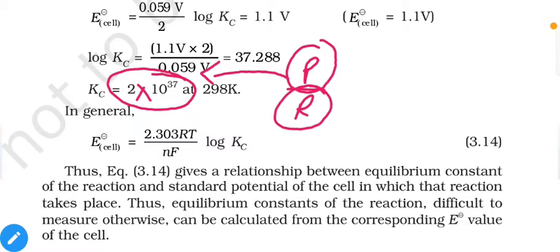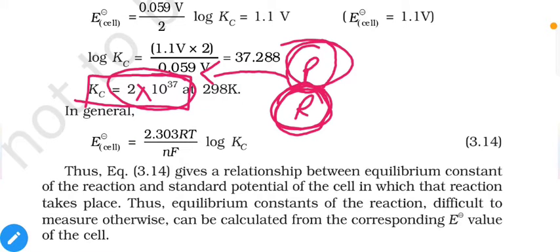If the equilibrium constant is so high, 2 into 10 raised to 37, it is a very large number, even larger than 1 mole quantity. So it is very hard to measure the concentration of reactant, because it will be extremely low compared to the product, and you cannot even measure it. That's why it is hard to calculate the equilibrium constant using the concentration method.